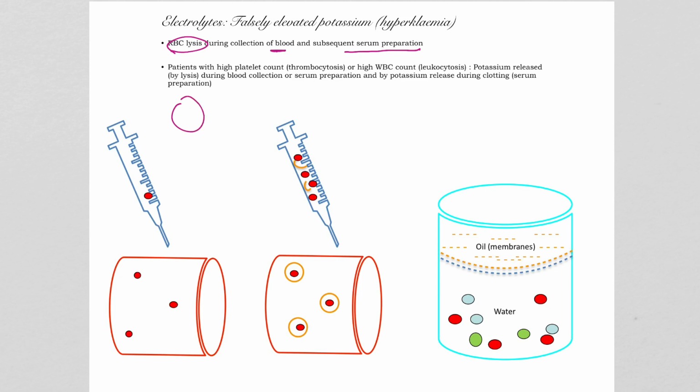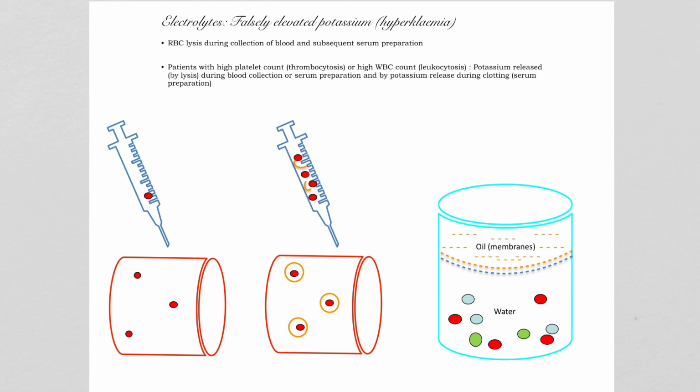And red blood cells, like any other cells, have very high potassium inside. When some red blood cells break down, they release the potassium into the serum. And that's going to give you a very high potassium. So that's one possible reason for getting high potassium. That's due to a lab situation.